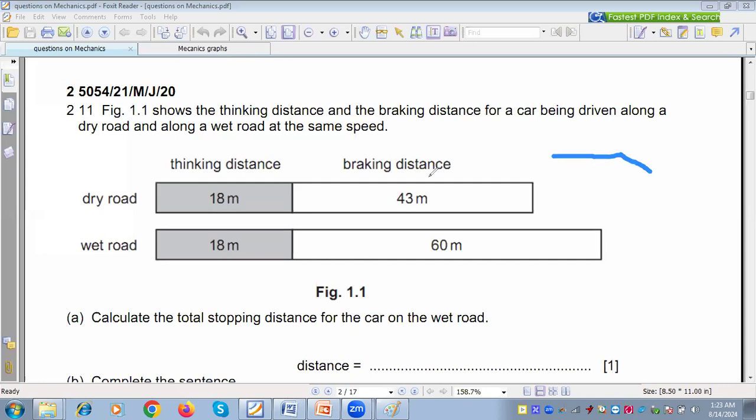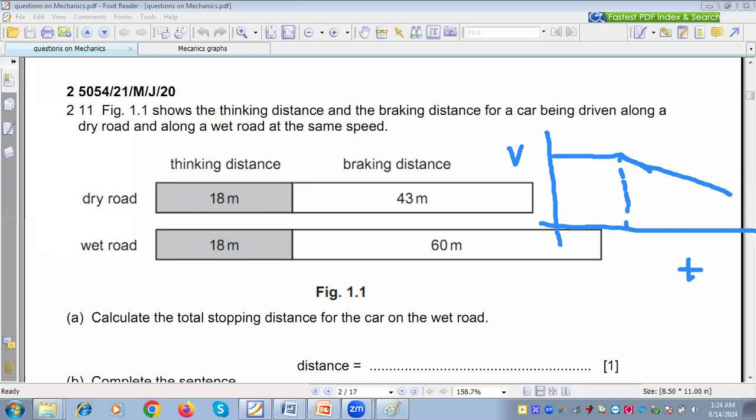If the deceleration is uniform, then he will come to rest. This is y-axis speed and x-axis time, v and t. So this is the speed with which the driver was traveling, and reaction time usually for a healthy person is 0.6 to 0.7 second.